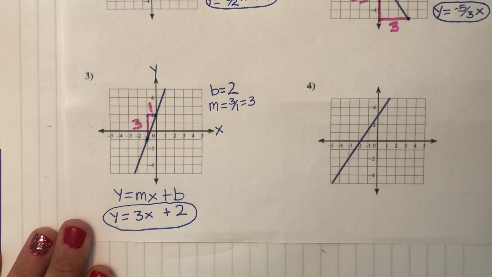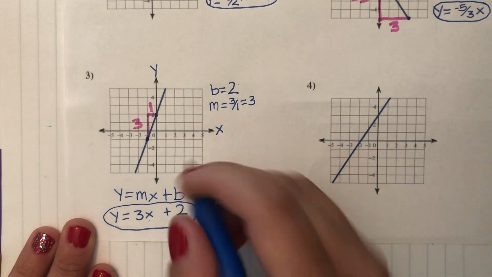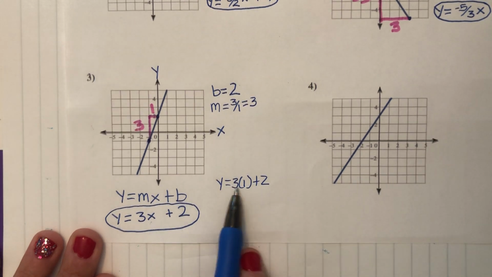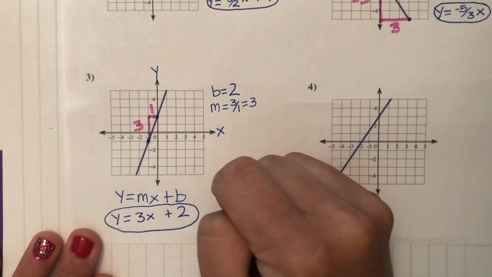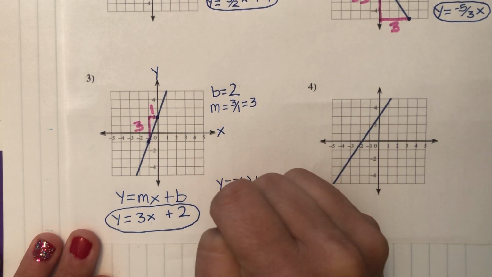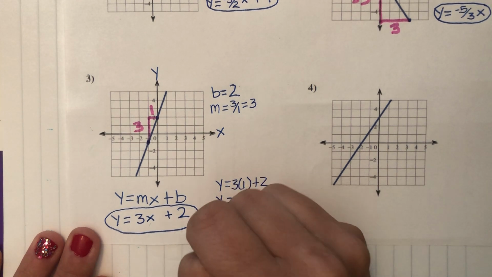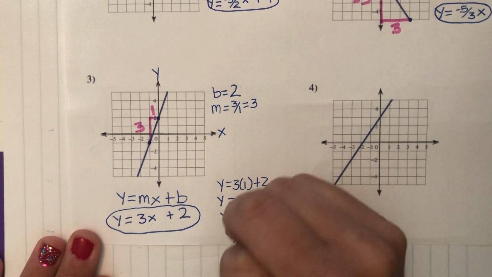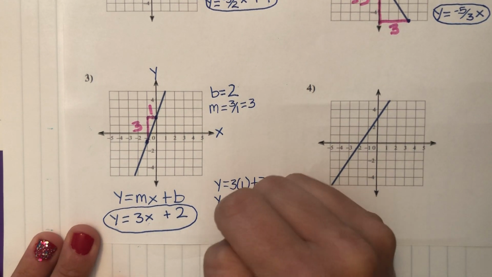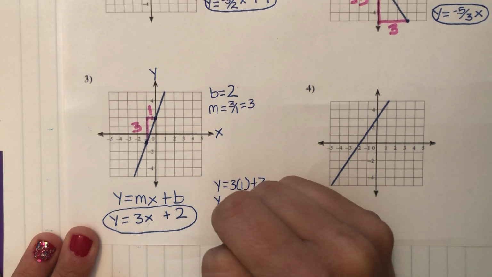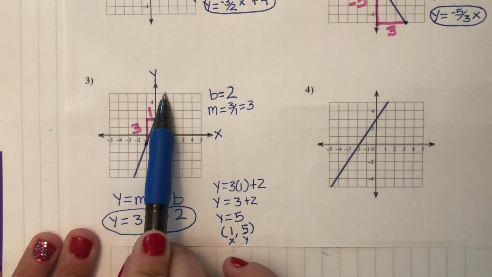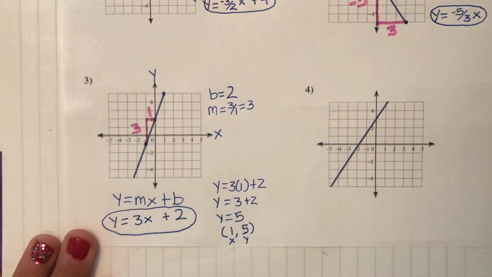I could plug in the number 1 for x. I could solve: 3 times 1 is 3 plus 2. 3 plus 2 is 5. So y equals 5. I plugged in 1 for x. In my output, what I got when I plugged that in was 5. So that's my y. So that just gave me another point on my line. I could go over to 1 on my x-axis and up to 5, and there's another point on my line.